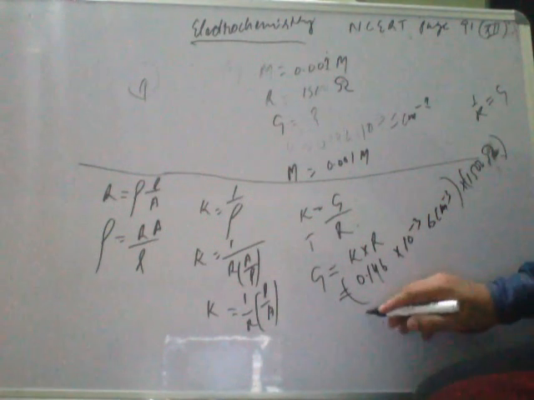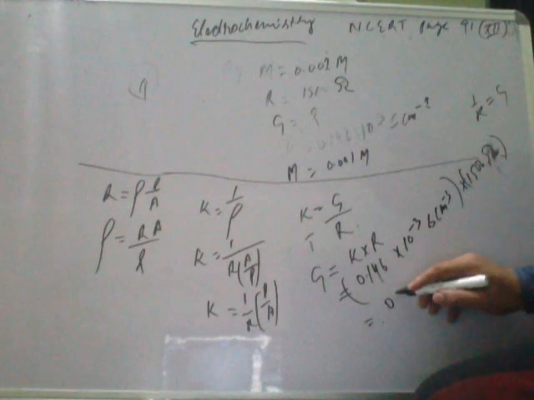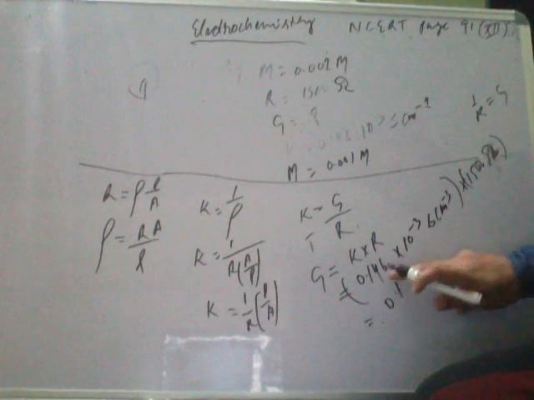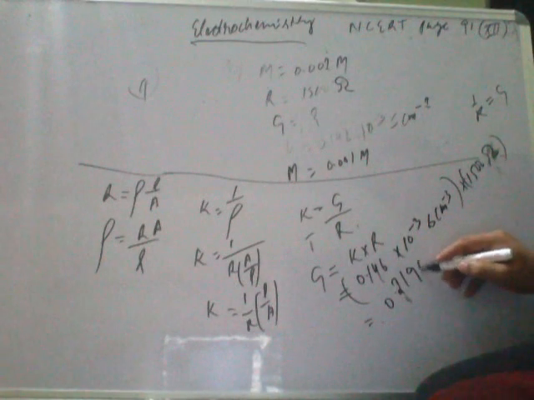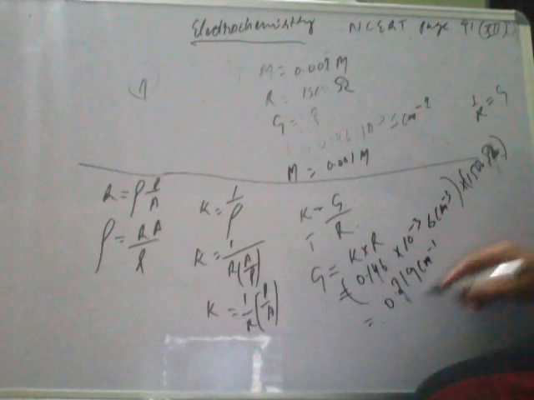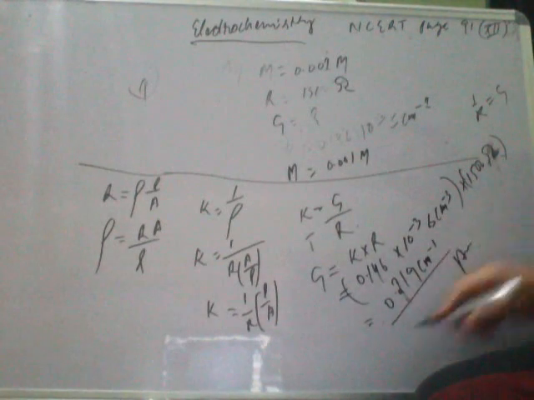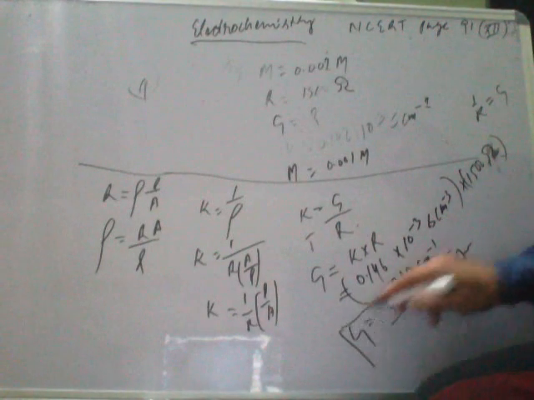If you calculate this, you will get 0.219 per centimeter. This would be your cell constant G.